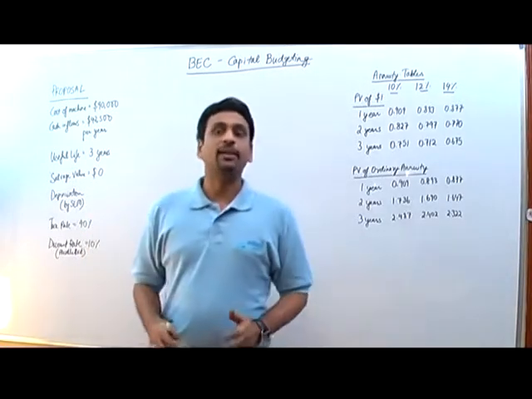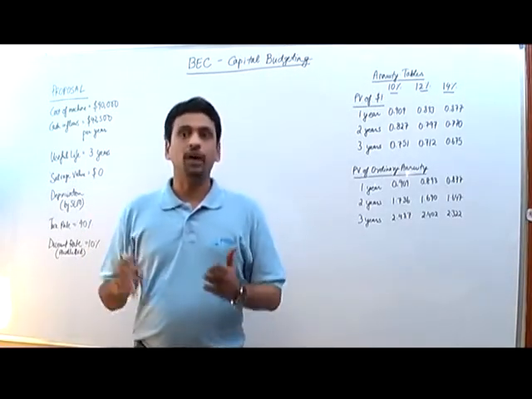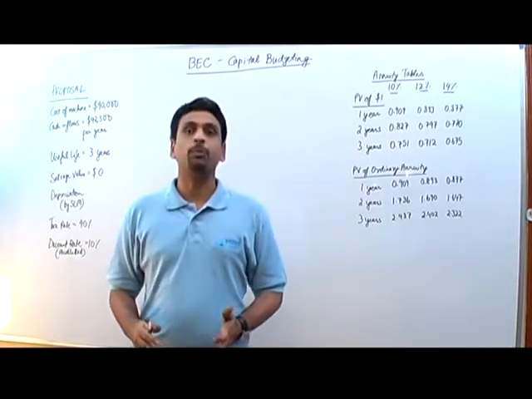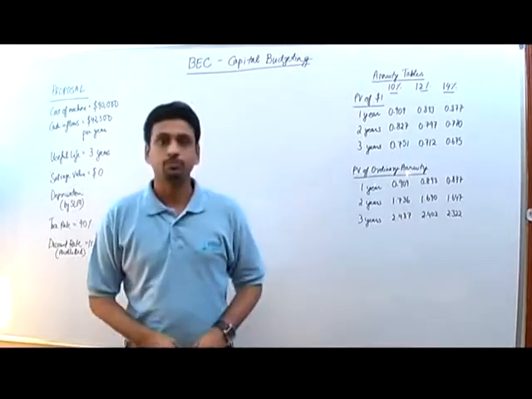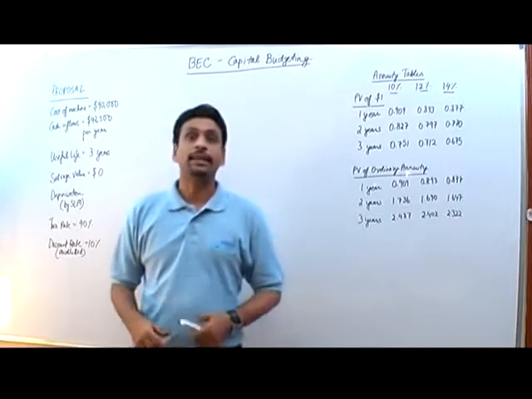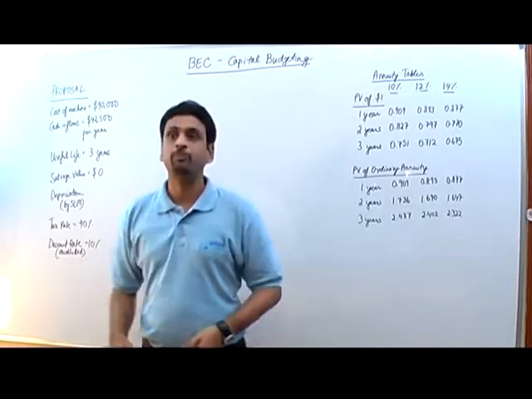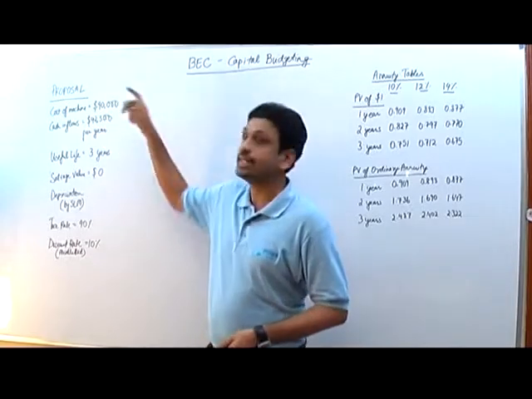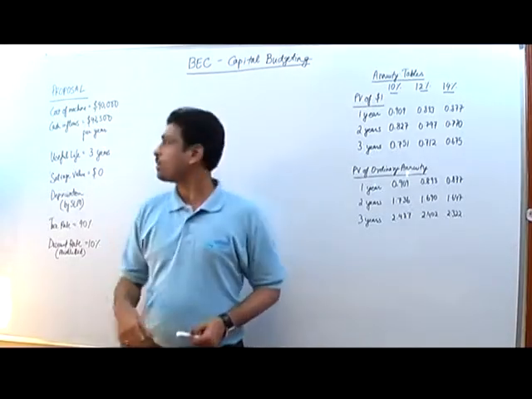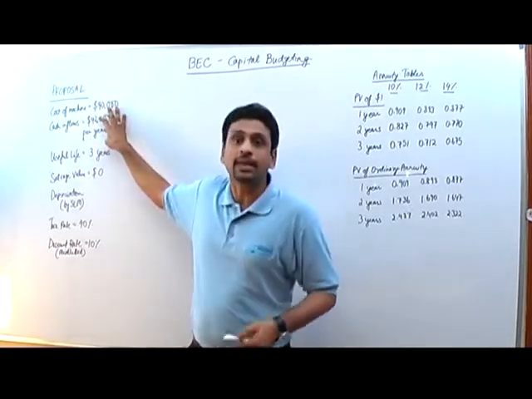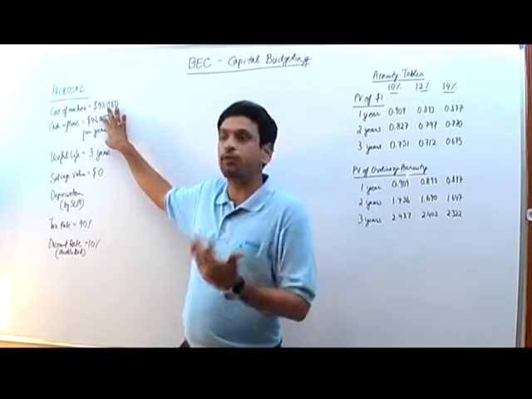Let us now understand the concepts of DCF while understanding a capital budgeting proposal we have on the board here. First component is the cost of machine, which is a cash outflow or investment. In this proposal, our cost is $90,000. The second component is the estimated future cash inflows.